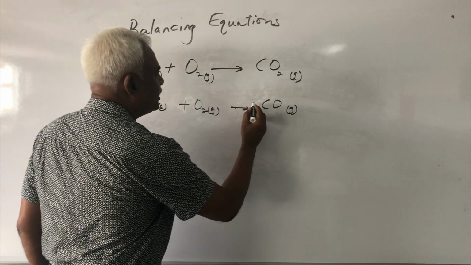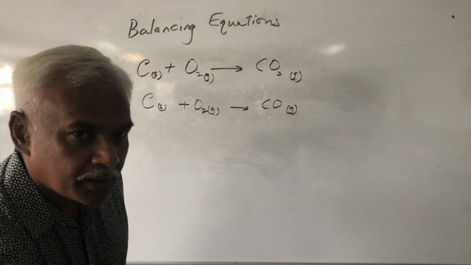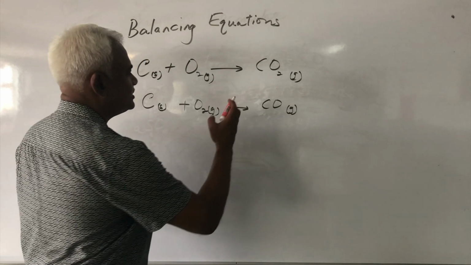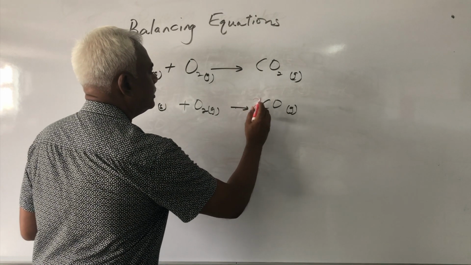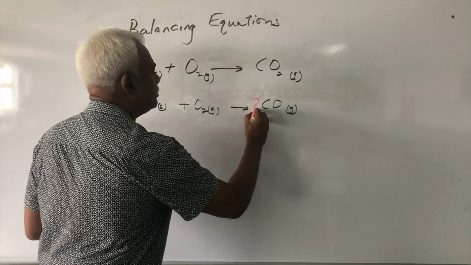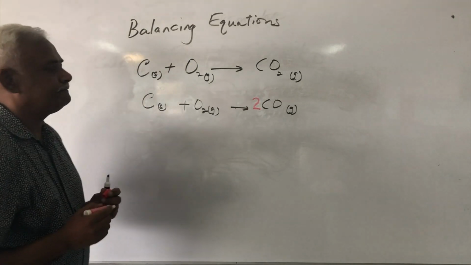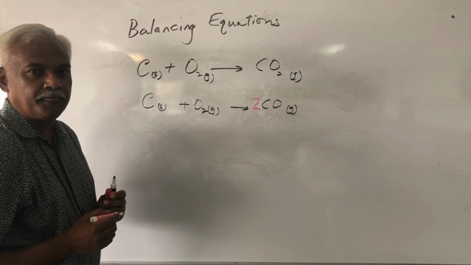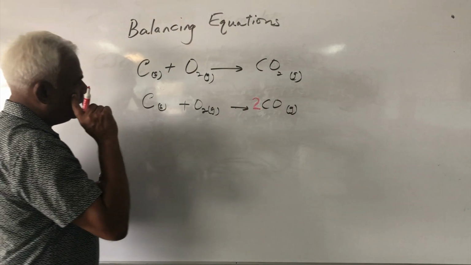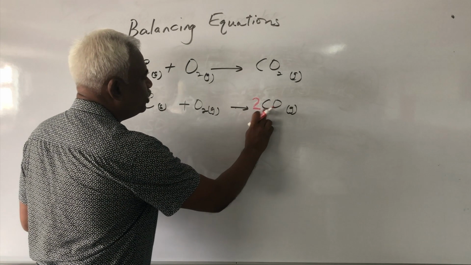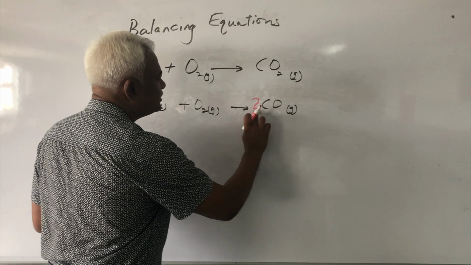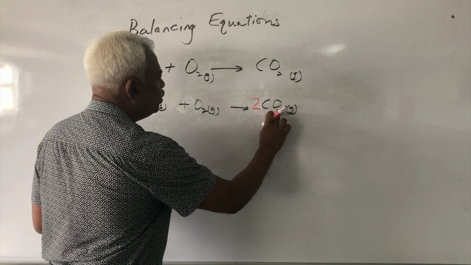If I look, I have two oxygens here. So I think the trick would be, let's try this. Put a 2 here. Now look at this. If I put a 2 here, I have 2 carbons and 2 oxygens.